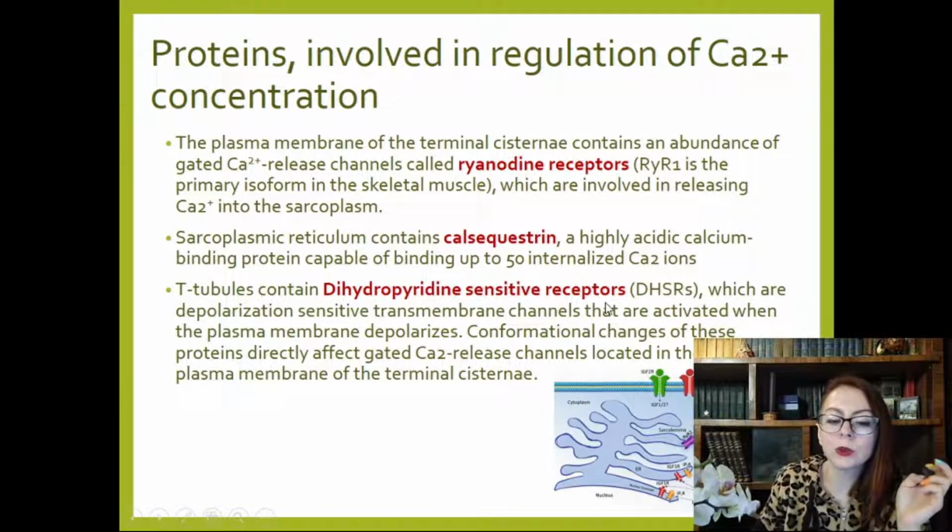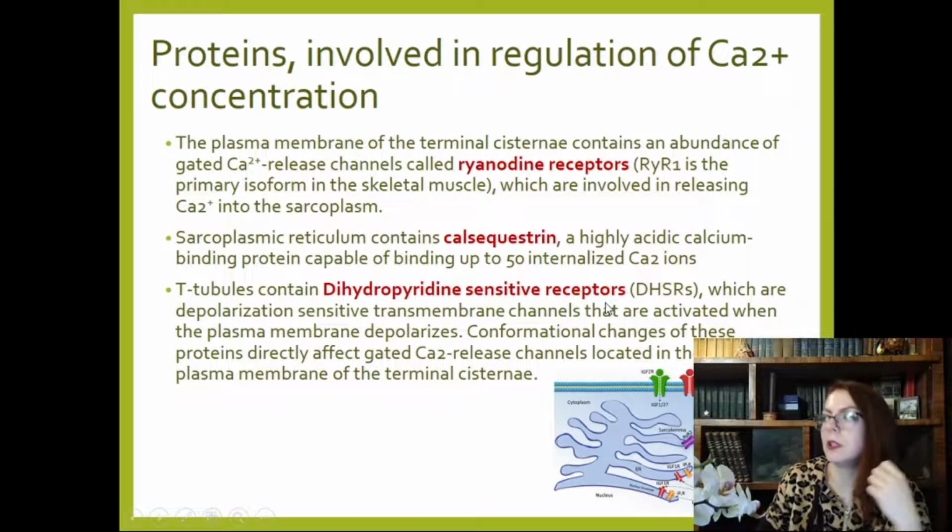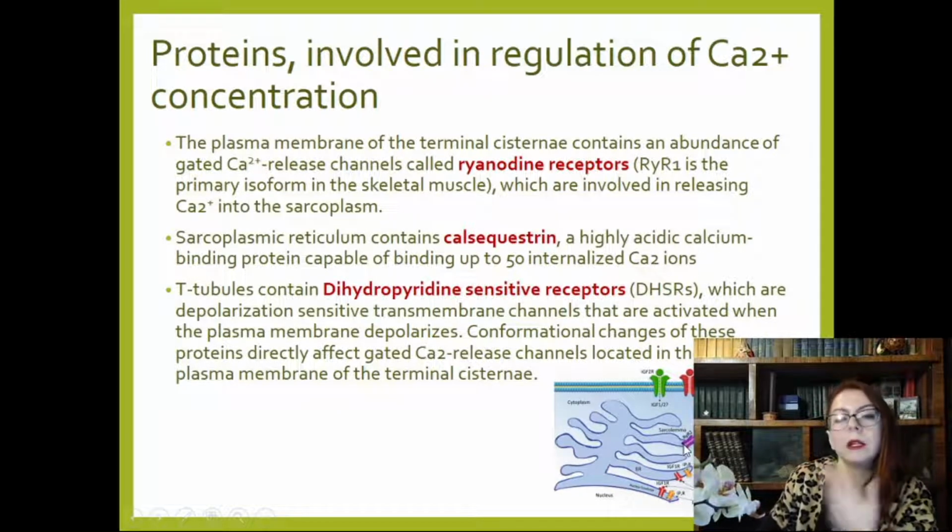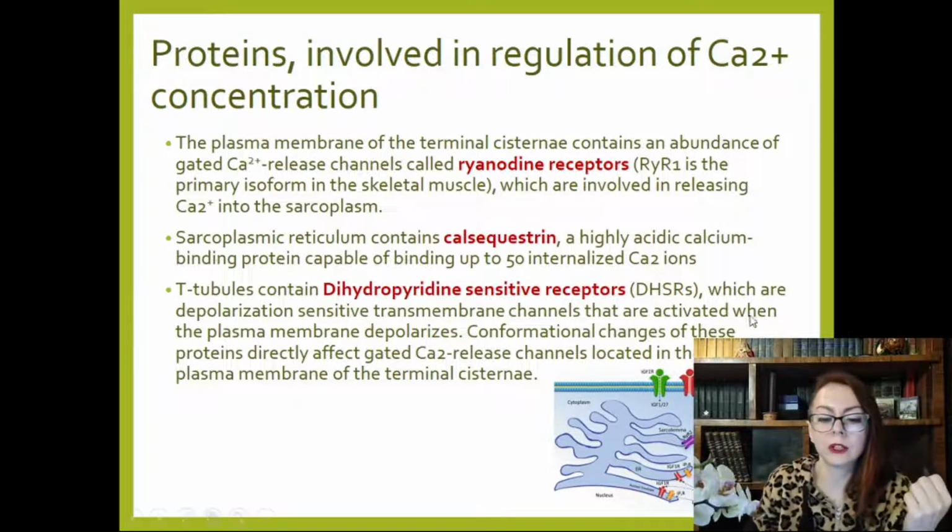By excitation, they can also act as calcium channels, but their main function is to affect ryanodine receptors, making them open. So excitation of the sarcolemma changes the conformation of dihydropyridine sensitive receptors in the T-tubules. After that, ryanodine receptors in the sarcoplasmic reticulum get opened and calcium is released to the cytoplasm.